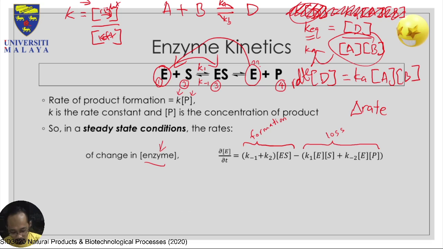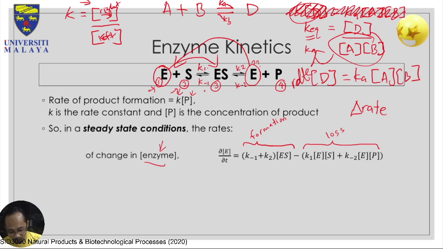That's why you consider all these numbers I mentioned: K1 and K minus 1, and over here K2 and K minus 2. K2 is the ES forming the E and P, and K minus 2 goes in the opposite direction. So the change of enzyme is all of these, the formation and the loss of the enzyme.